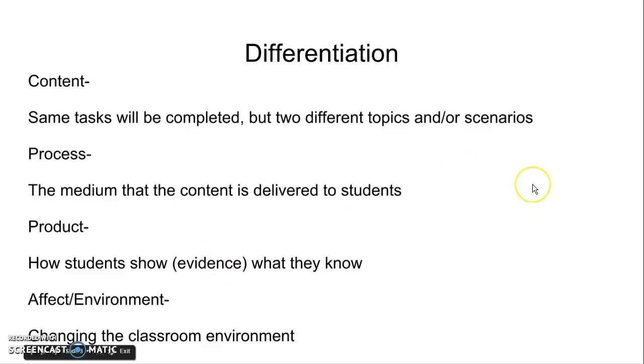So, content: the same task will be completed, but 2 different topics and/or scenarios will be addressed. So, for example, you could be doing the branches of government. You could have them pass a bill, say for the legislative branch, but they can choose which topic to choose from.